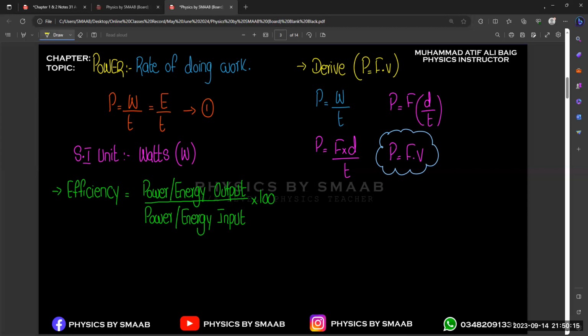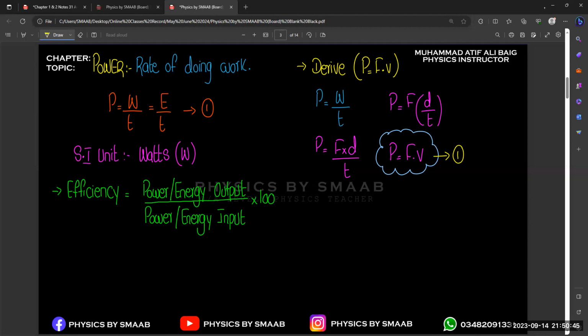So you can see this is another formula that we can use in our calculations related to force, velocity, and power. Because power is work over time and work is F times D, and distance over time is speed, force multiplied by velocity is your answer.